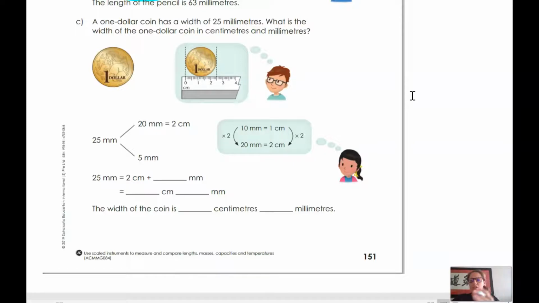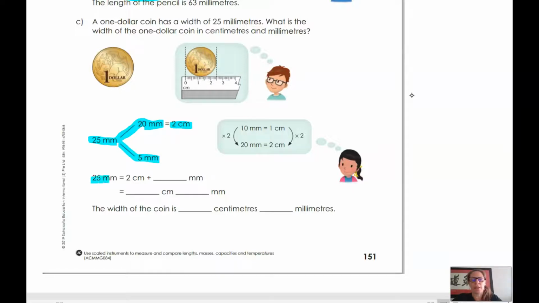So we're going to now convert our millimetres into centimetres. They've come here, they've said 25 millimetres. Let's split this into two parts. We've gone with 20 mils equals 2 centimetres, because we know that 10 mils equals 1, so 20 must equal 2. And then we've kept our 5 millimetres.